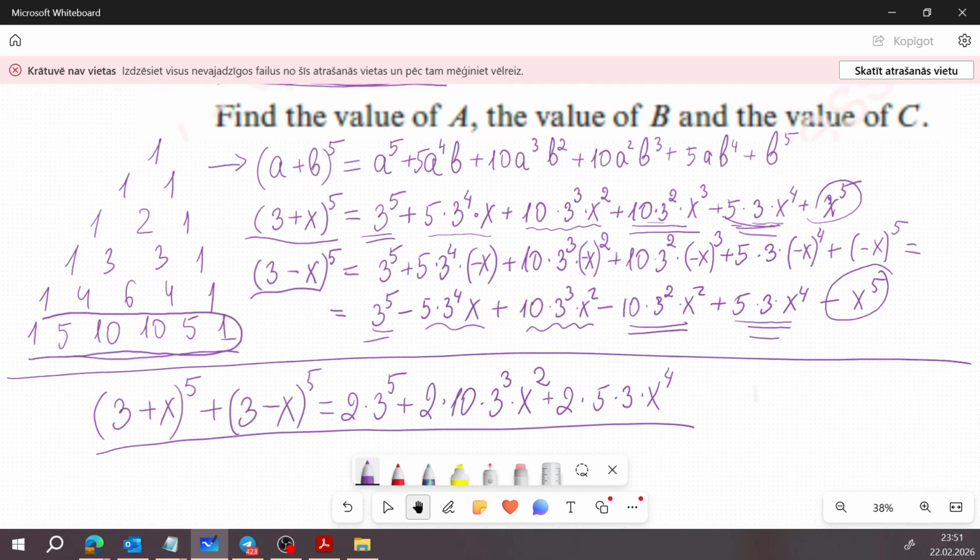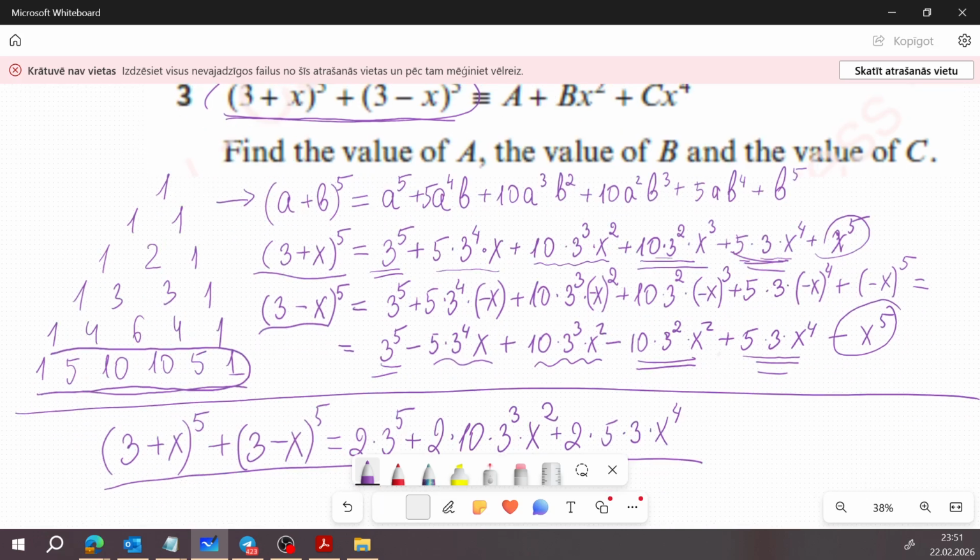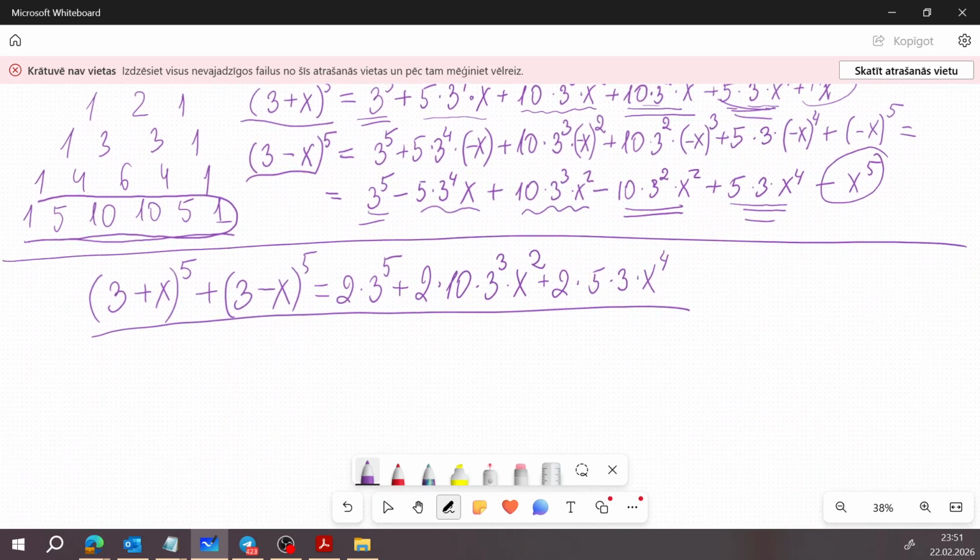On the other side, we have a plus bx squared plus cx to the power of 4. You can see here it is equal to a plus bx squared plus cx to the power of 4. So we see that this term will be a, this is b, and this is c.